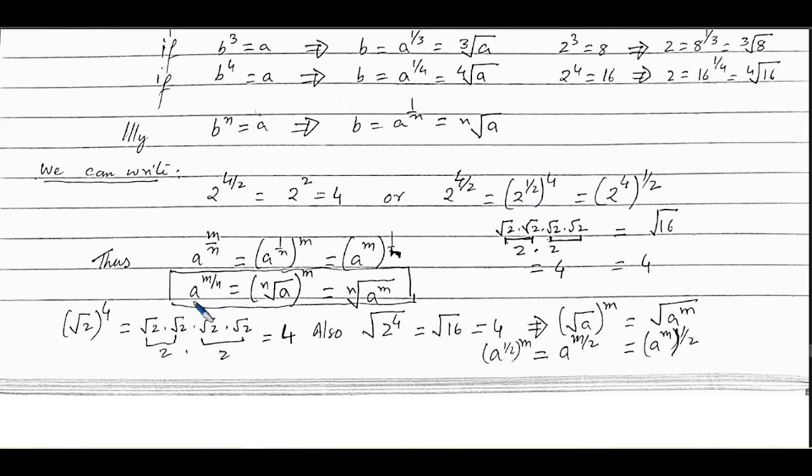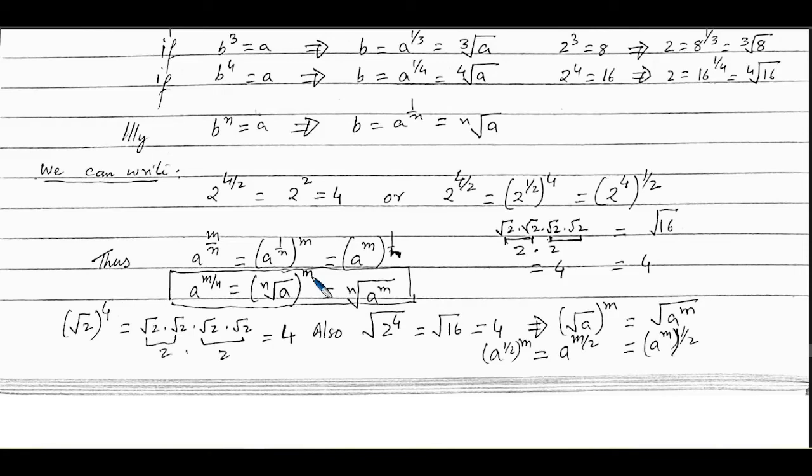So here I have written a to the power m by n. So I can either take m by n as 1 by n times m. So m I can take first, or I can take 1 by n. Okay, a into b or b into a. So if I take 1 by n first, I will have nth root of a, then this m to the power m.